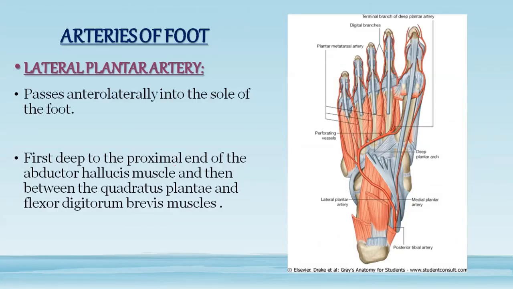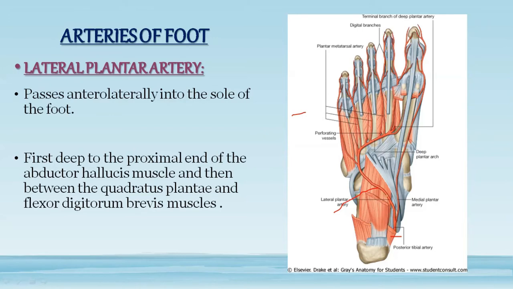So the first is the lateral plantar artery. This is the lateral plantar artery. This lateral plantar artery first passes deep to the abductor hallucis muscle. This is the abductor hallucis muscle, that is the muscle of the first layer of the sole of the foot.